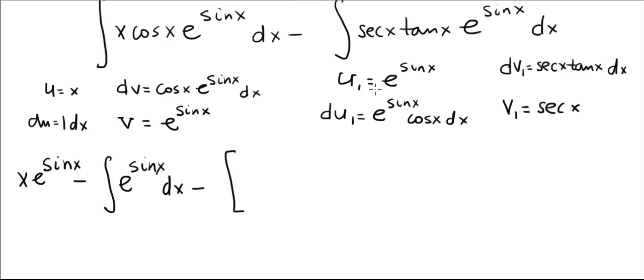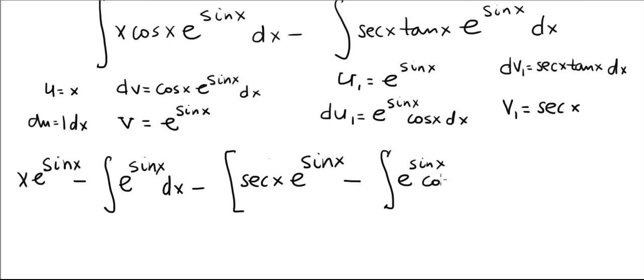The second integral is u1 times v1, which is secant x times e to the sine x, minus the integral of v1 du1, which is e to the sine x cosine x secant x dx. But notice that cosine times secant is 1 over cosine times cosine, so that's 1.